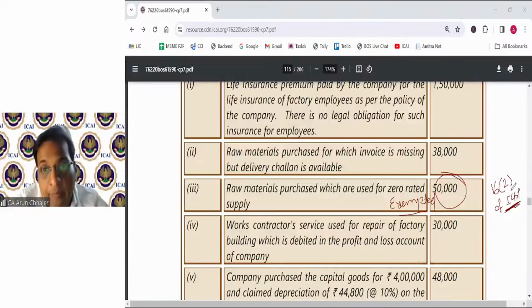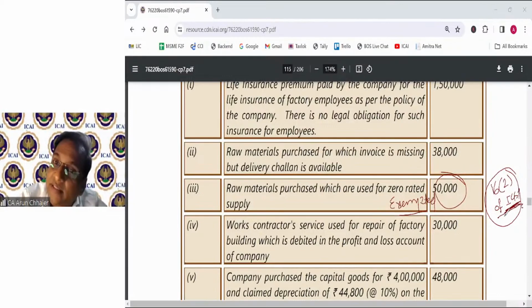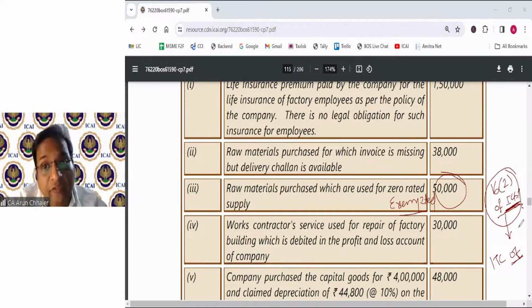See, normally we are reading the provisions of the CGST Act, but because of this question, only for this point, exempted item but exported, ITC status, section 16 subsection 2 of IGST Act says that you can take the ITC of inward supplies even if you are exporting exempted item. Very specific point that for export of exempted item, you are entitled to take the ITC.